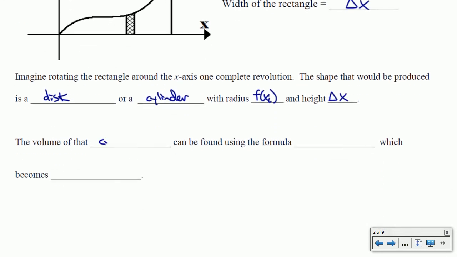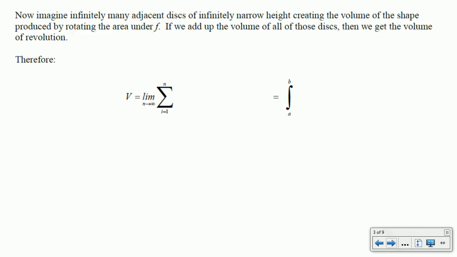The volume of that cylinder can be found using the formula pi r squared times h, which is the formula for the volume of a cylinder. And we can adapt that with the values here, and our formula would become pi times f at xi squared times delta x. So now you can imagine infinitely many adjacent disks of infinitely narrow height creating the volume of the shape produced by rotating the area under f.